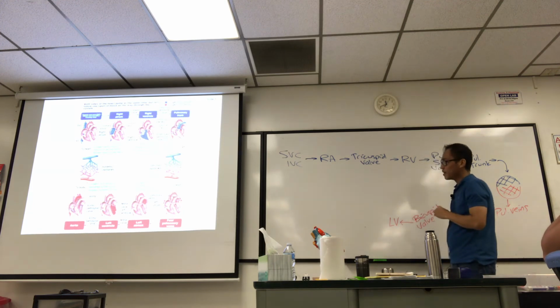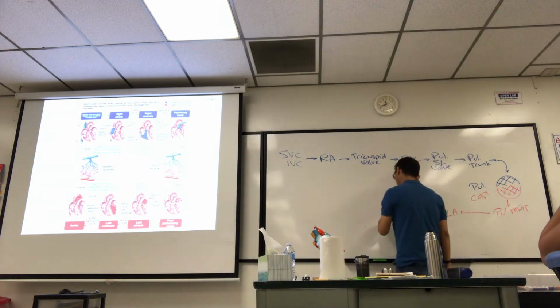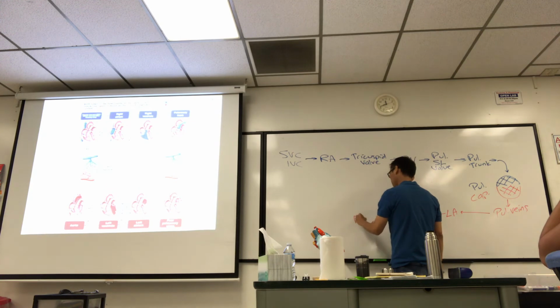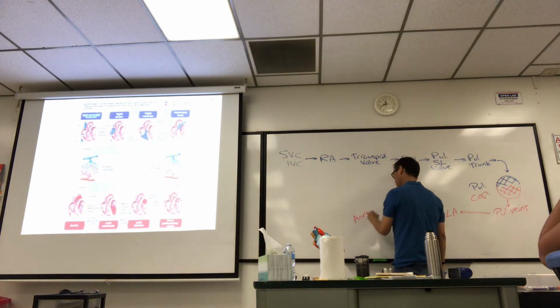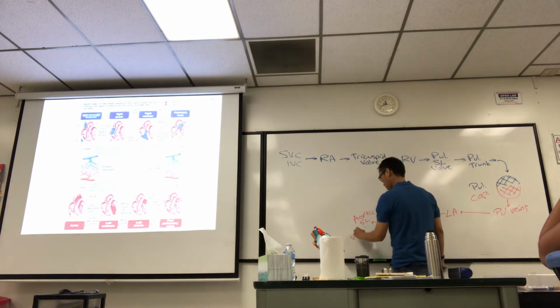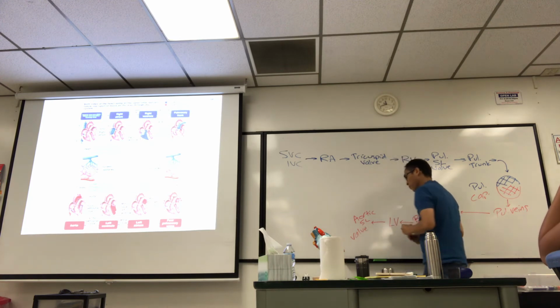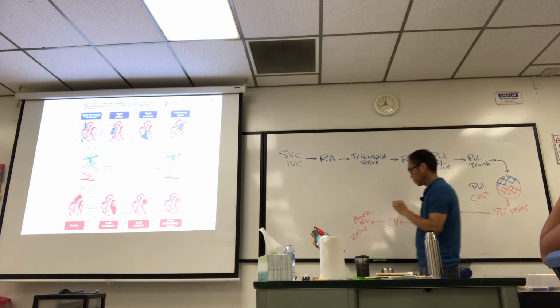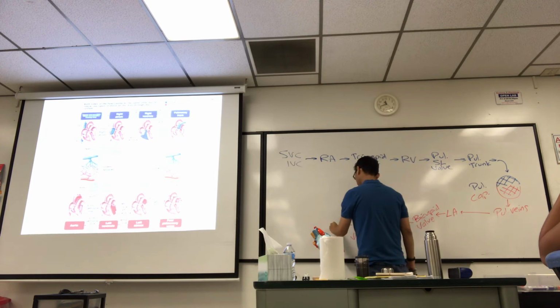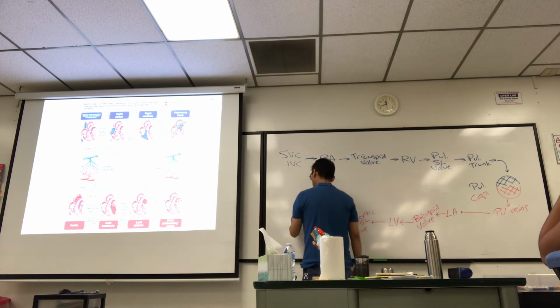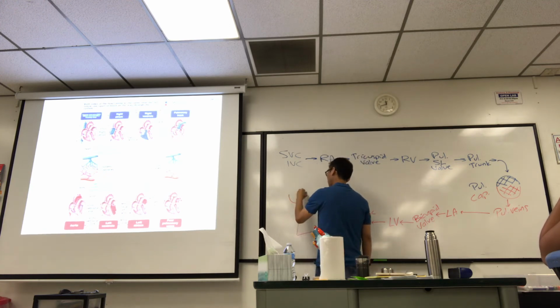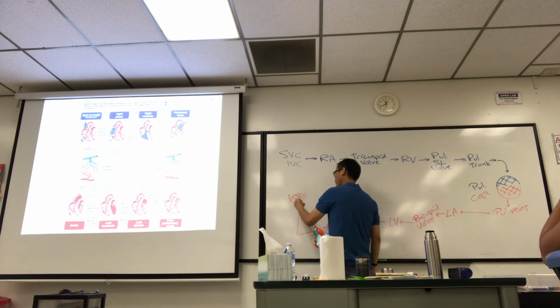And then from the LV, you'll pump blood through the aortic semilunar valve into the aorta. And it's the job of the aorta to distribute blood to the whole body to systemic capillaries. So I'll draw this capillary bed, half red, half blue.